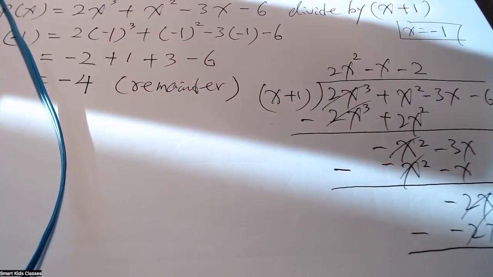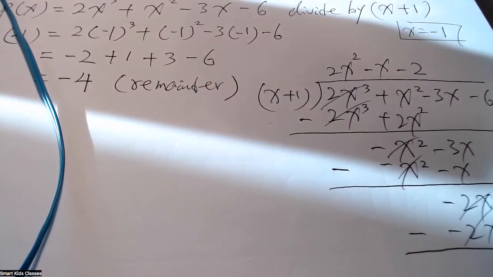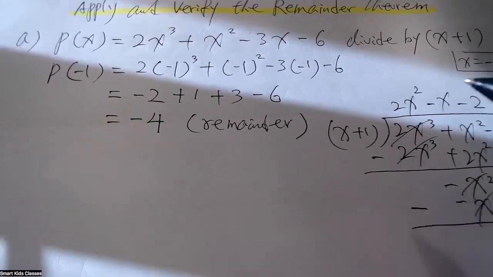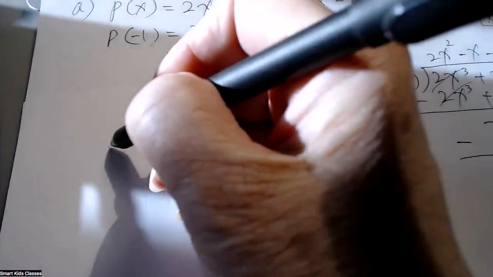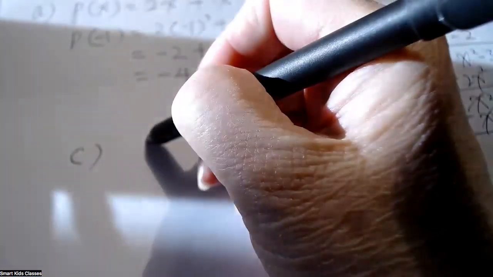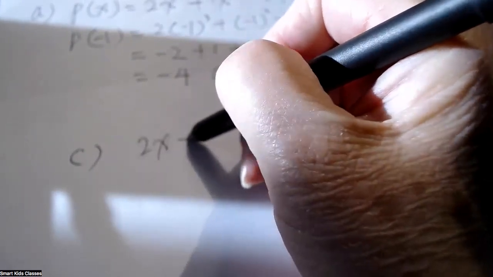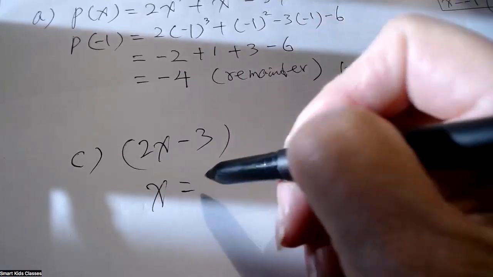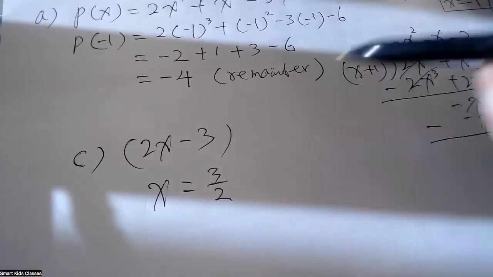Now we're going to try the next method. For part C, the book gives another factor, 2x minus 3. If you solve this intercept, x equals 3/2.